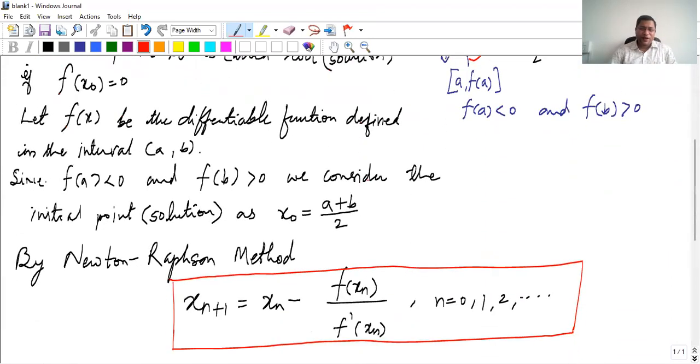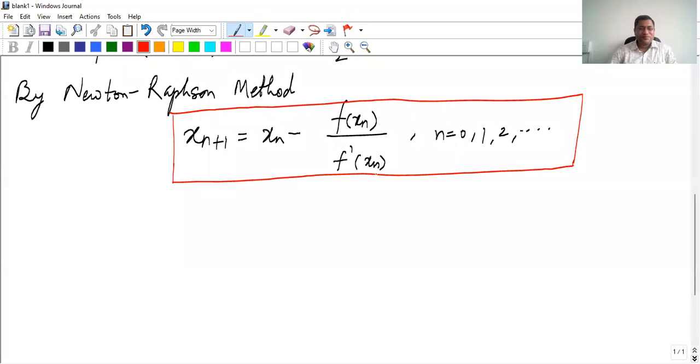Is there any other query? If you don't have any query, then we can think of an example based on this. Let us try to understand this with the help of the example.